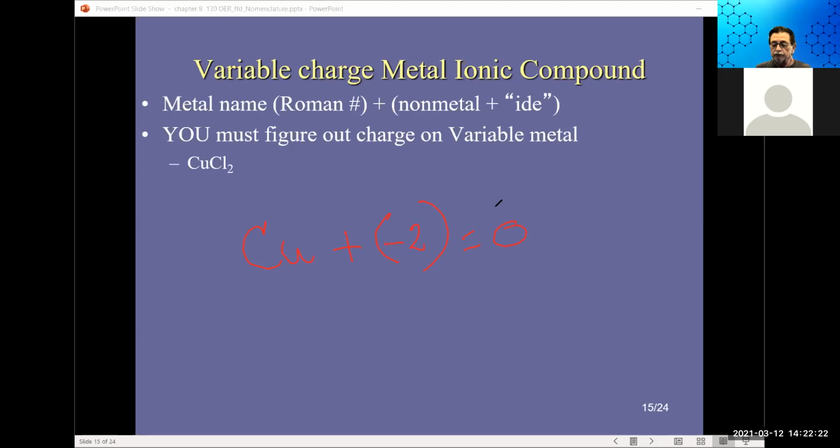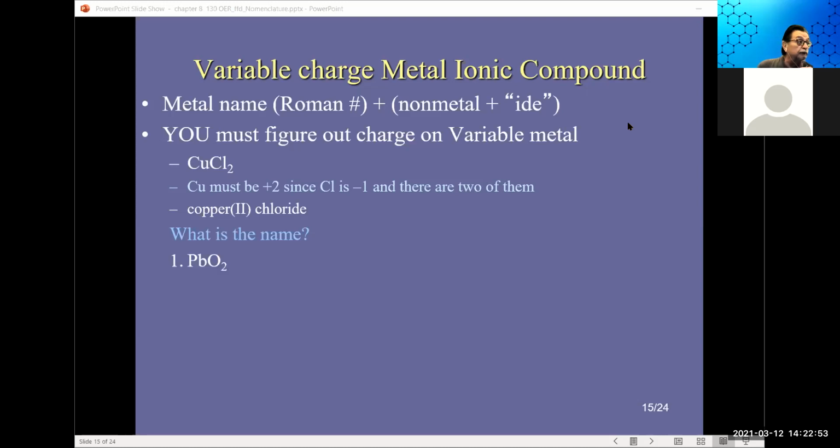And so it's Cu minus 2 equals 0. We solve for copper, and copper must be +2. That tells you that we need Roman numeral 2 to name this compound. So the name would be copper, Roman numeral 2, chloride.